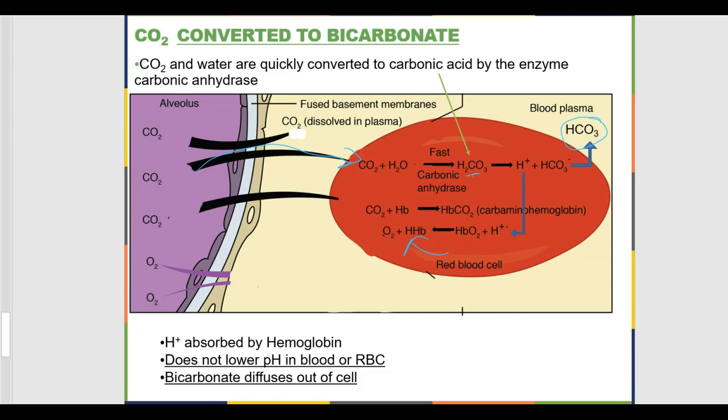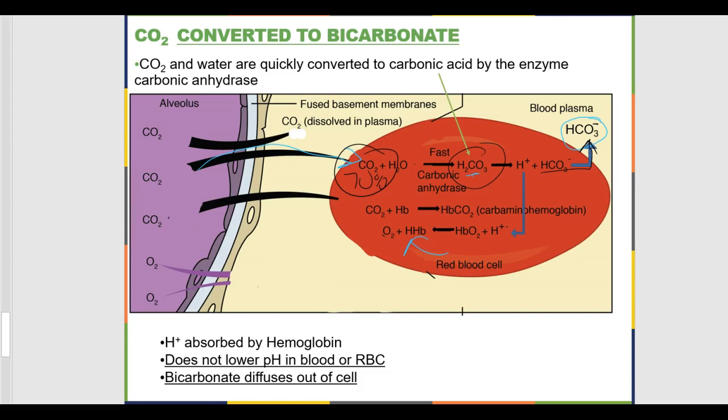That's this slide right here. So this is your 70% of CO2 that gets converted to carbonic acid, which then falls apart into this hydrogen ion and this HCO3, the bicarbonate ion. That gets pumped out of the cell and is transported in the plasma as bicarbonate HCO3 ion.